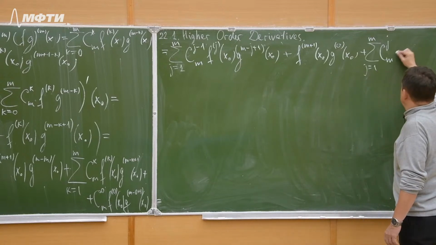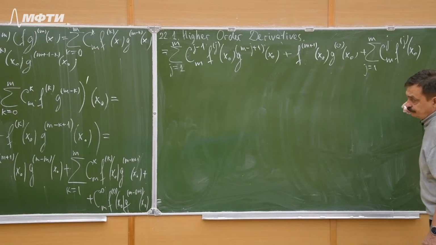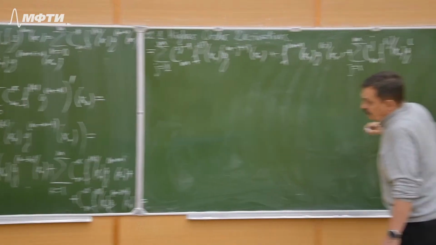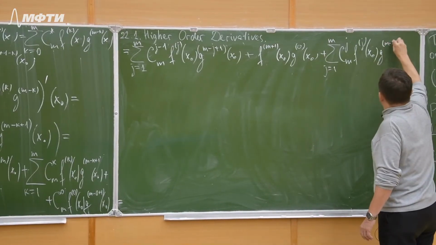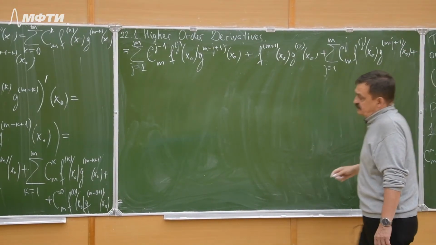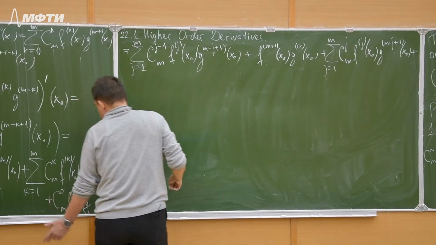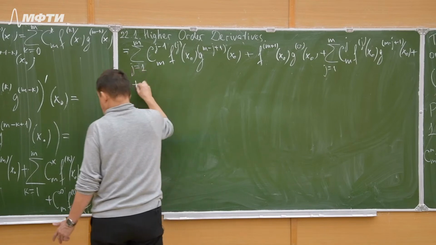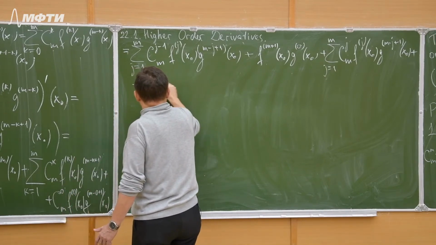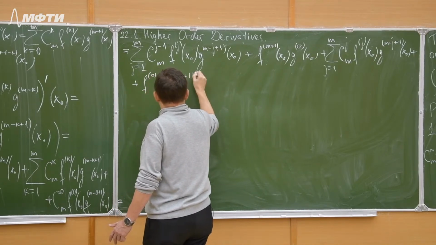So f^(j)(x0) g^(m-j+1)(x0), plus the very last term, C(m,0) is again 1, so f^(0)(x0) g^(m+1)(x0).